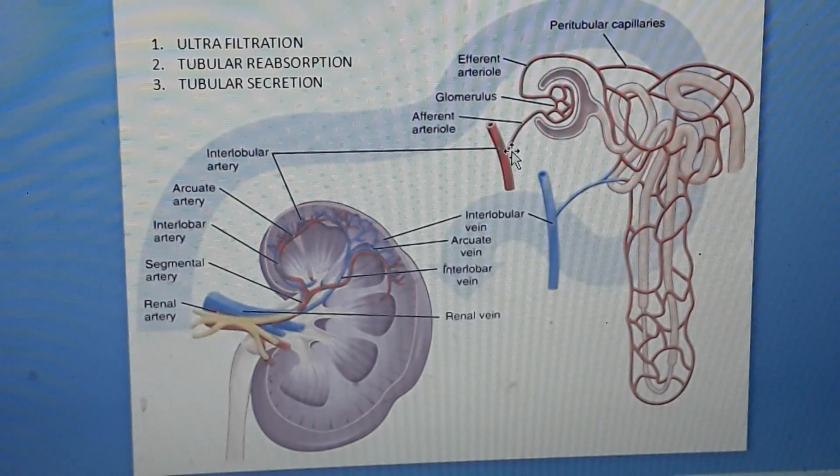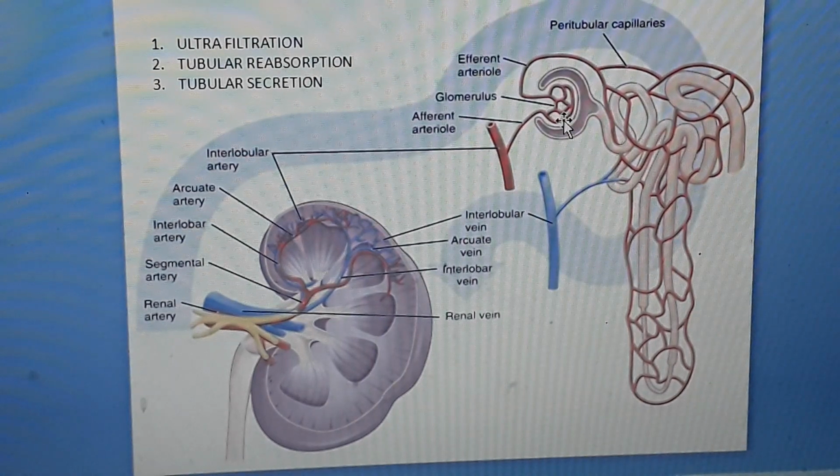As the blood flows from the afferent arteriole, which has a larger diameter than the efferent arteriole, the blood flows at high pressure and hits the glomerulus and filtration takes place, and the filtrate is collected in the Bowman's capsular space.